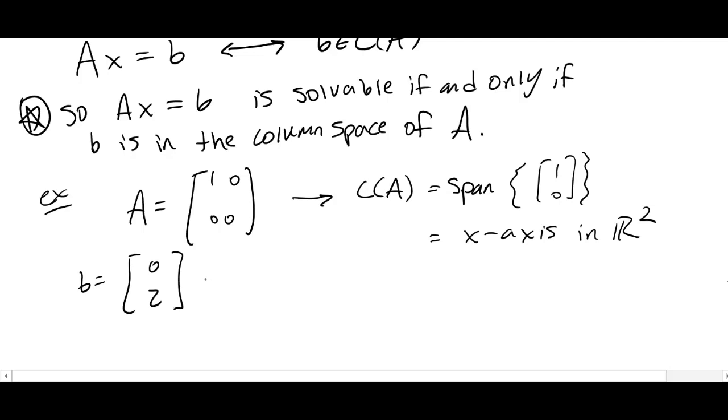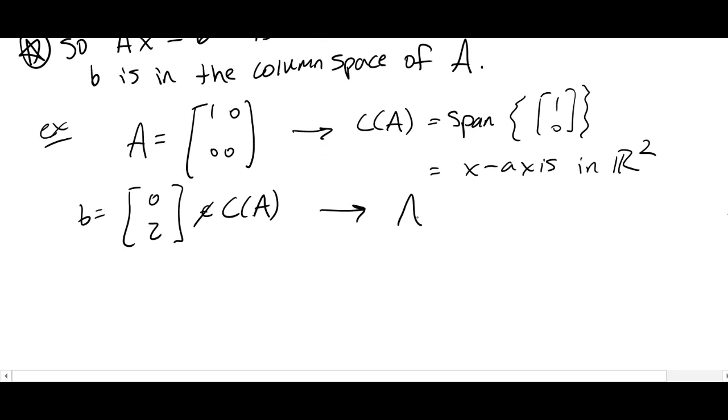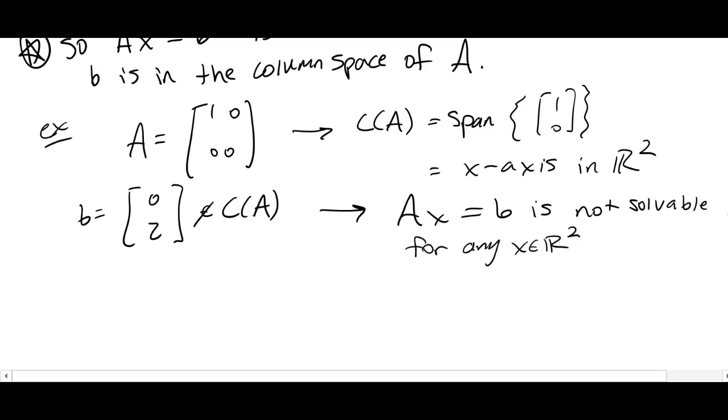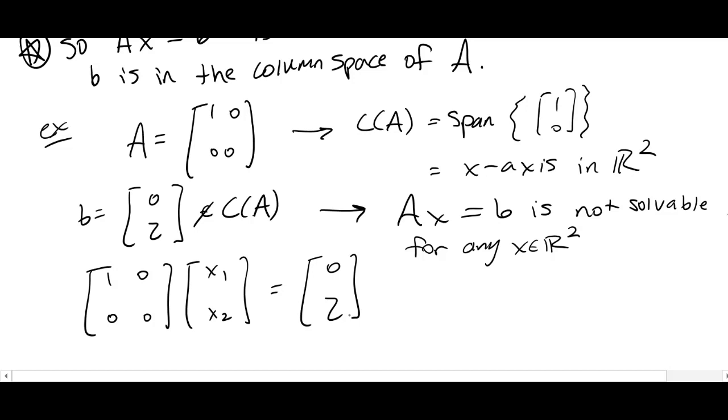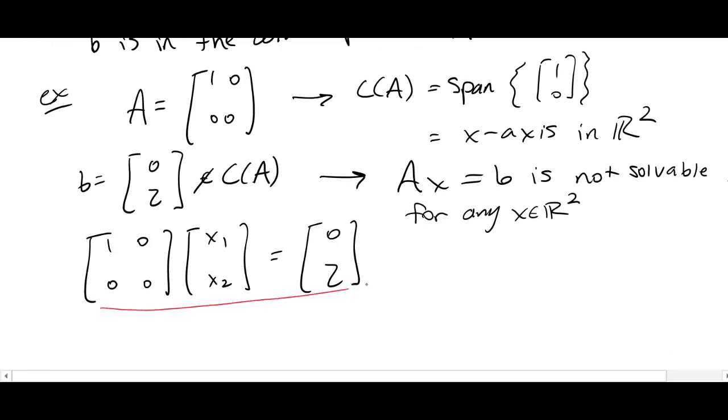That means Ax equals b is not solvable for any x. You can't find a solution to that, which makes sense, right? We've already done those kinds of problems, because if you multiply this out, on the bottom you have 0 equals 2. So no solution. That aligns with what we've already learned.